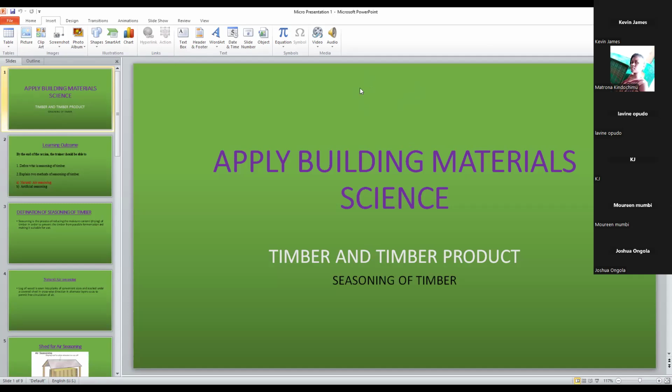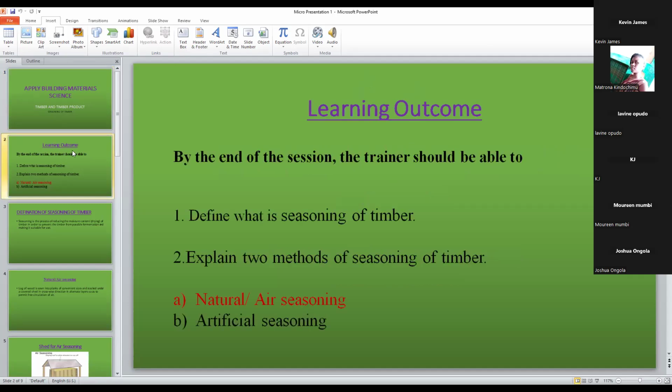So we can start. We are going to discuss seasoning of timber and timber products. So the following are our learning outcomes. At the end of this session, you should be able to define what is seasoning of timber. Number two, you should be able to explain two methods of seasoning of timber.